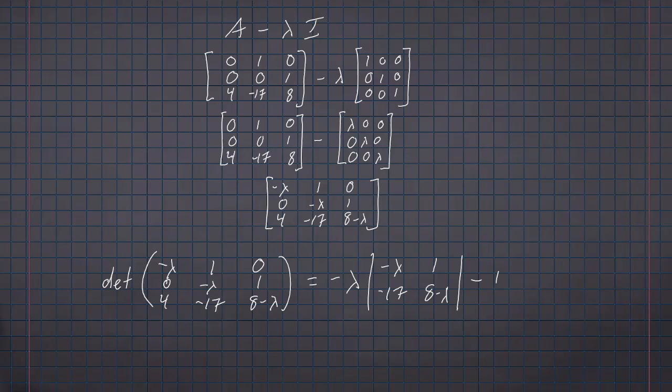Minus 1 times the determinant of the 2 by 2 matrix when we get rid of first row and second column. Plus 0 times the 2 by 2 matrix when we get rid of the first row and third column. I don't quite have enough room to put that in, but that's actually okay in this case because it's multiplied times 0 and it's going to be 0.